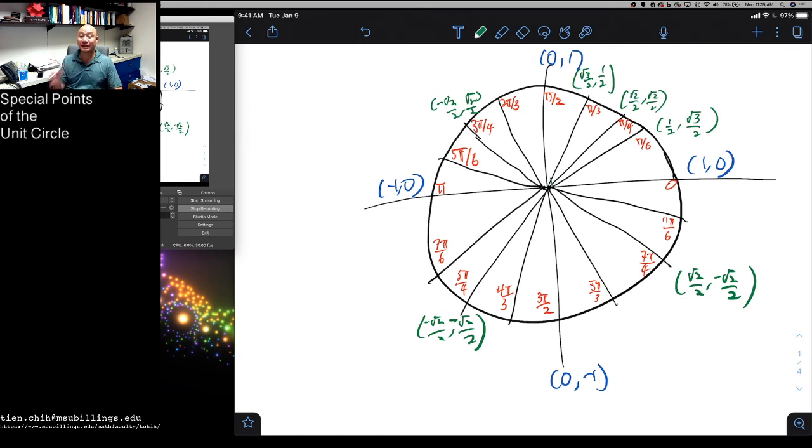And following this, we could get values for all of the other special angles. So for example, this point is just a reflection of this point, so we would get minus 1/2, root 3 over 2, and then down here we'd have minus 1/2, minus root 3 over 2, etc., etc.